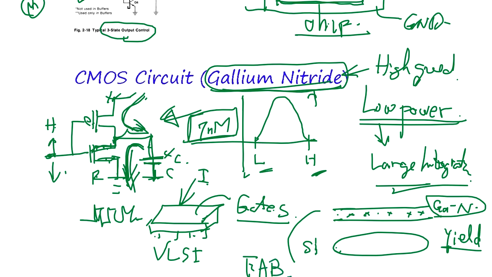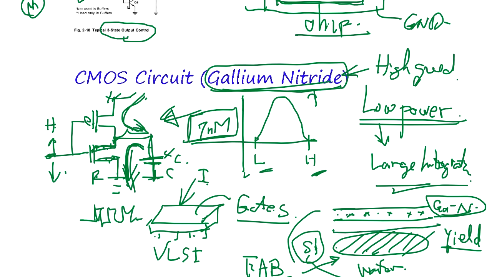A fab is the production facility for silicon chips, and it is all adjusted for silicon wafers. Things like scribing and breaking, all the machine tools are adjusted for silicon, not for gallium nitride. So what you do is take a silicon substrate, make a layer of gallium nitride, and try to use the gallium nitride. It's an improvement in speed, but higher cost and low integration. So the application is limited.